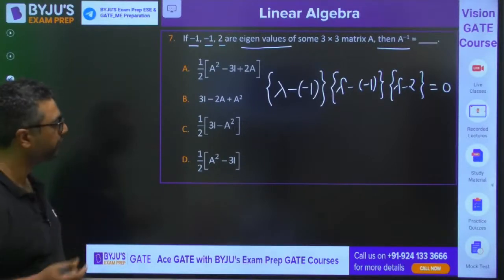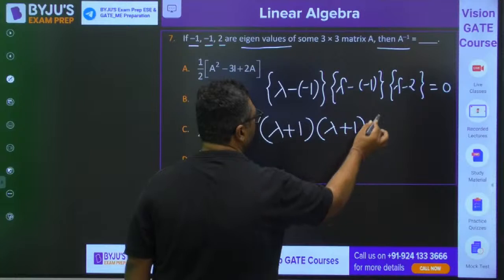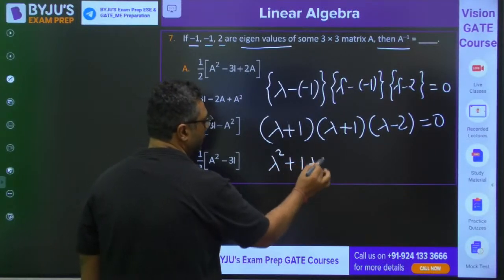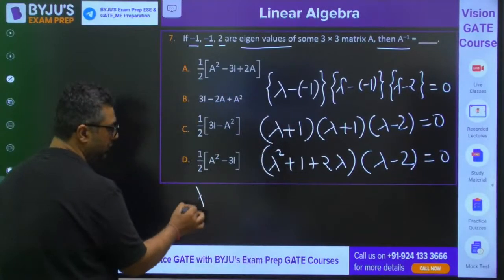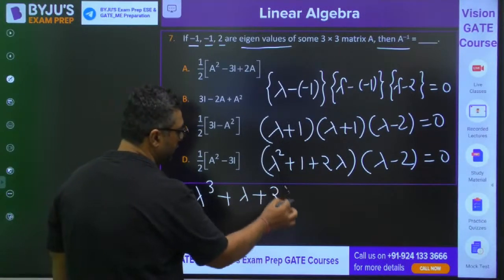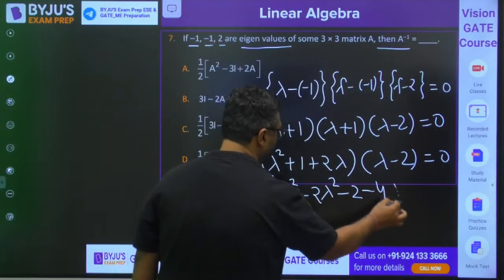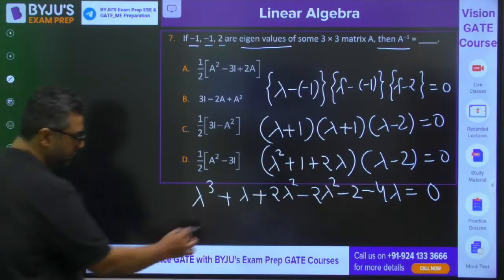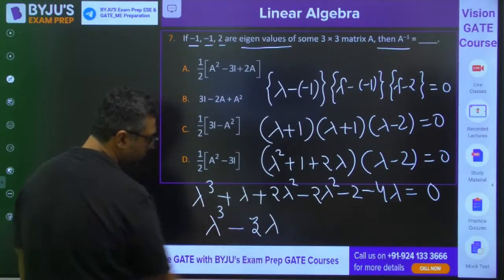So you will get the equation lambda cube minus 3 lambda minus 2.